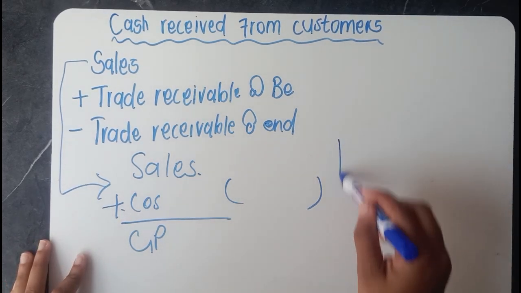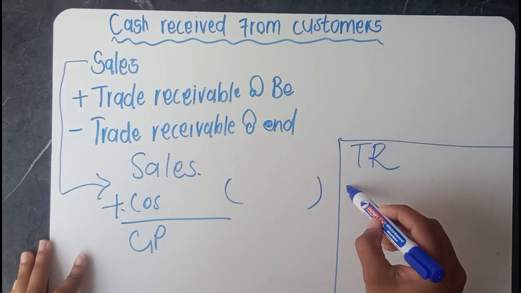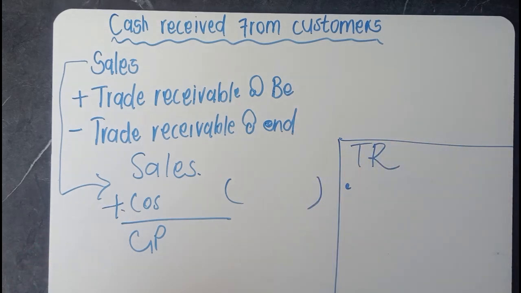Number two, the catch is always with your trade receivables. You need to check which statement you're given alongside the trade receivable account. If you're given a trial balance, it has a different effect to when you are given a statement of financial position.